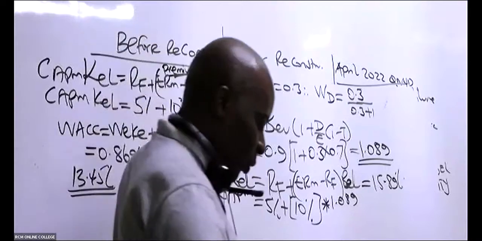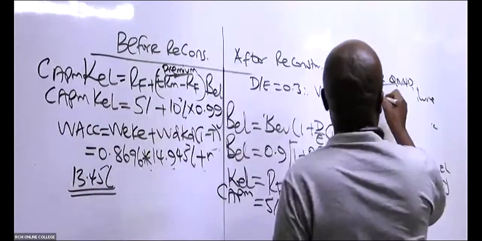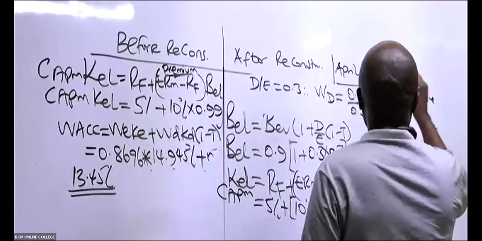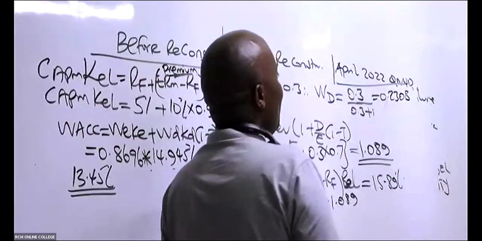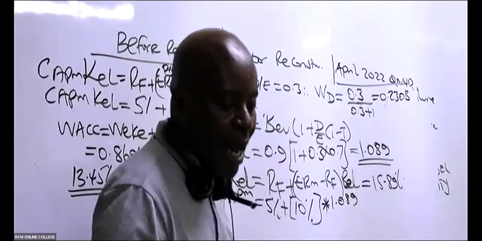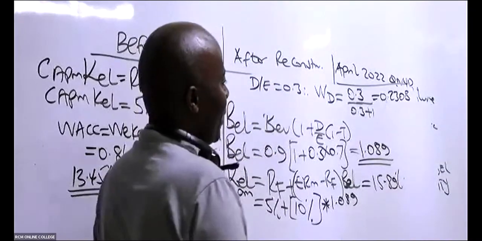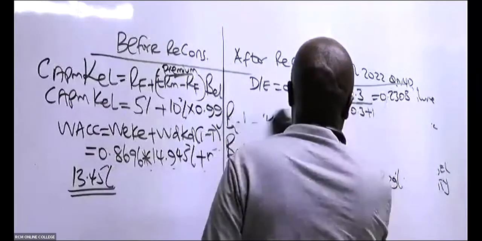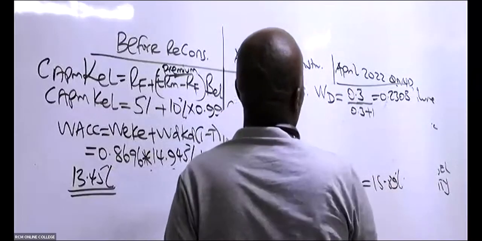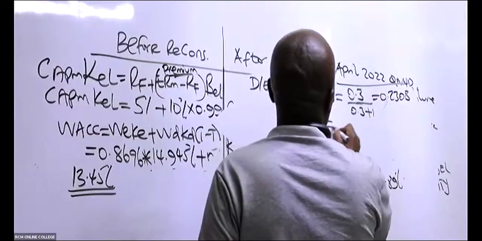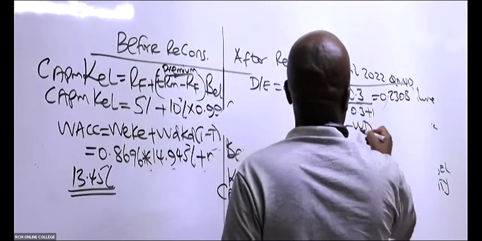0.2308. Now, once I get this, ladies and gentlemen, I will comfortably give you the weight of equity, yes. So the weight of equity will be 1 minus the weight of debt.